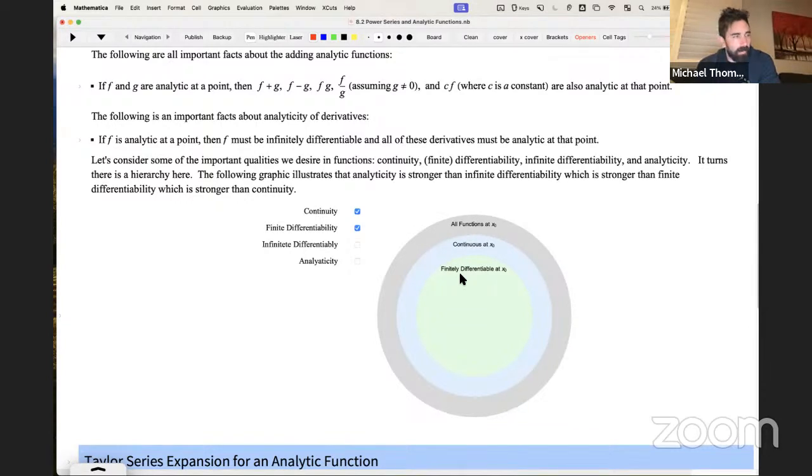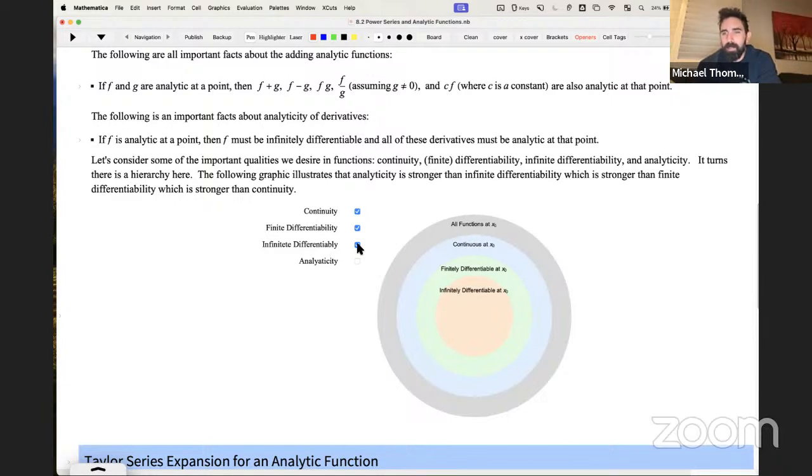All I'm saying here is that when you're differentiating, it would be desirable if you could differentiate at a point as many times as you want, off to infinity. So our next desirable quality is which functions are infinitely differentiable. For example, x squared is infinitely differentiable at 3 because the first derivative is 2x, plug in a 3.